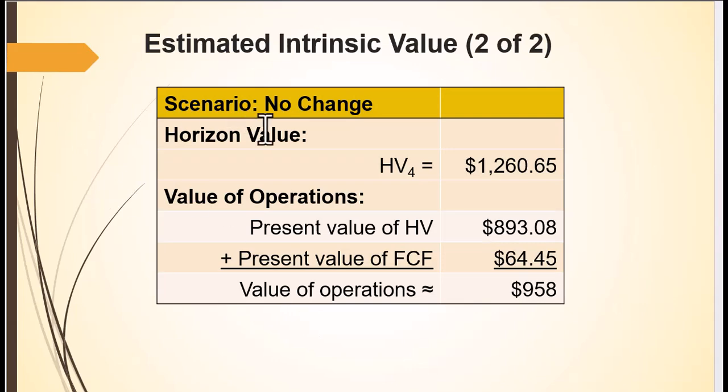So what's the horizon value? 1260. What's its present value? 893. The present value of the four cash flows is 64. Value of operations of this company now, $958 million.